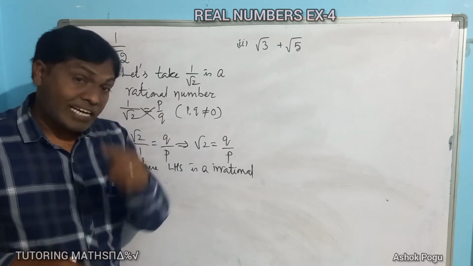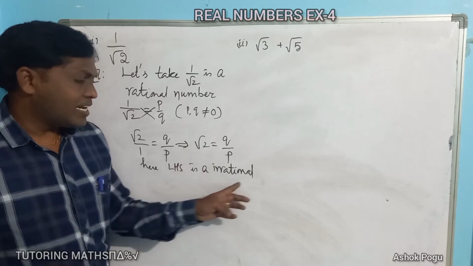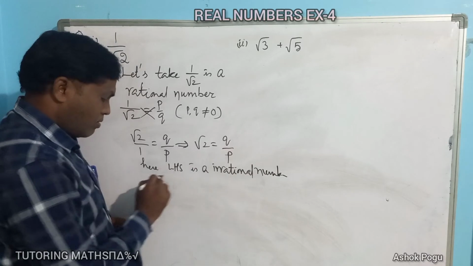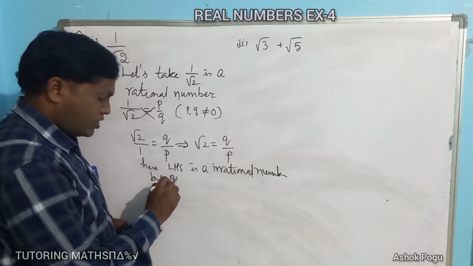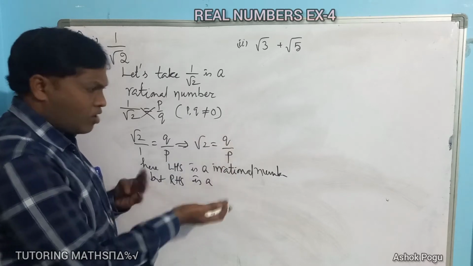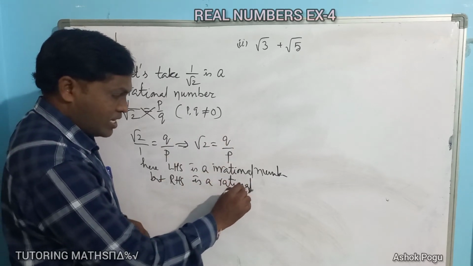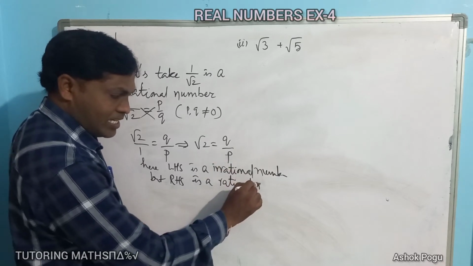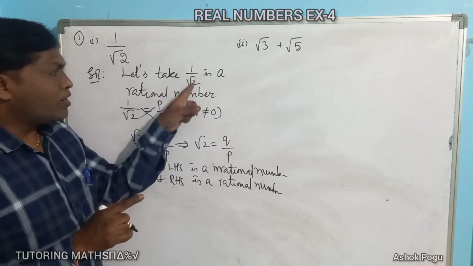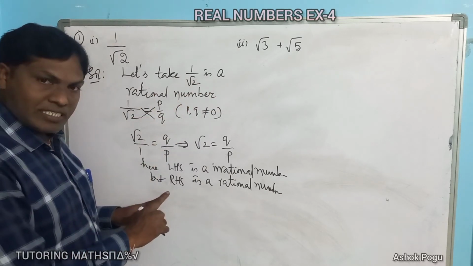In that concept, here LHS is root 2, an irrational number, but RHS is in the p by q form, or q by p form, which is a rational number. So what you have taken, 1 by root 2 is a rational number, so that contradicts, isn't it?